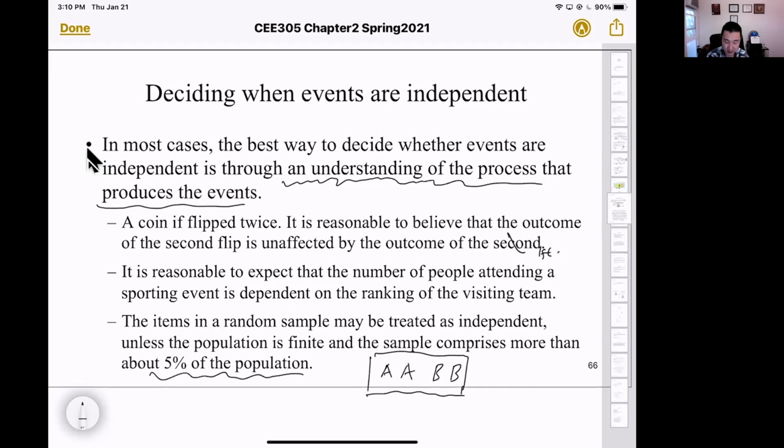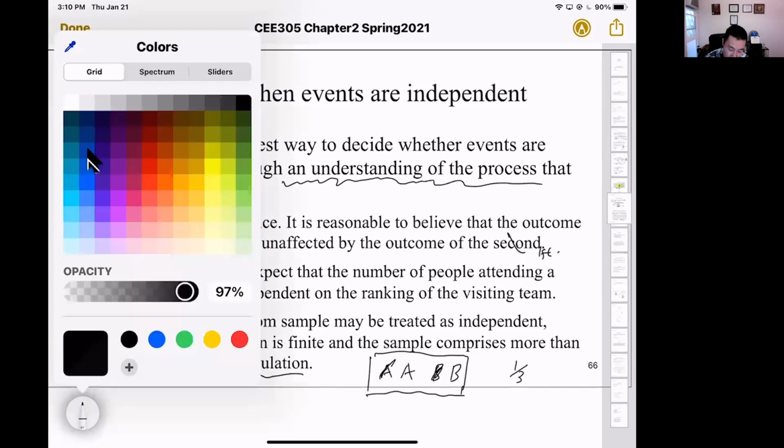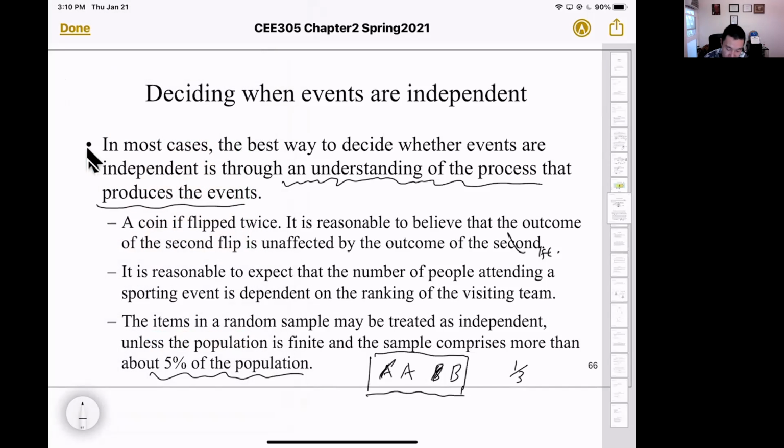Then the second pick will be depending on the first pick. So if the first pick is A, then the probability we get A on the second pick will be 1/3. Right? We have 1 A and 2 B. If the first pick is B, then the probability we get A on the second pick will be 2/3.